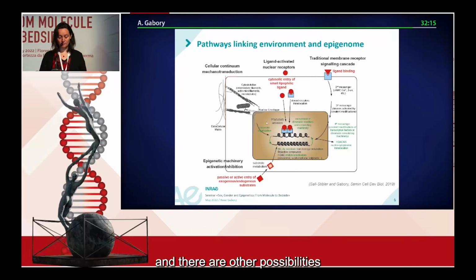There are other possibilities too. The seven-transmembrane receptors linked to G proteins can trigger a signaling cascade where the last partner would be an enzyme of the epigenetic machinery, such as HDAC, which can translocate from the nucleus to the cytoplasm by phosphorylation. In this case, you would modify the target genes of that signaling cascade.